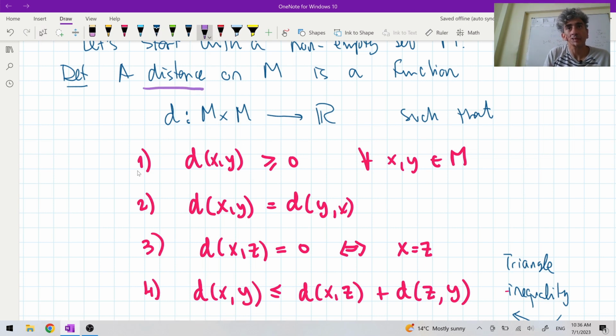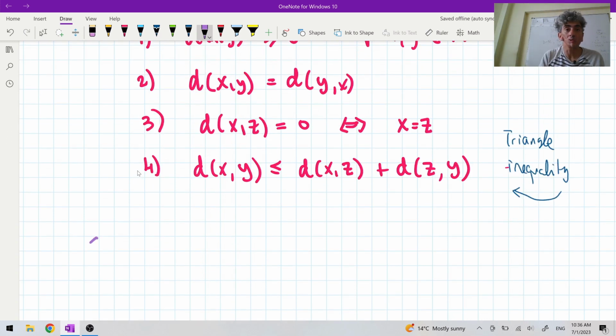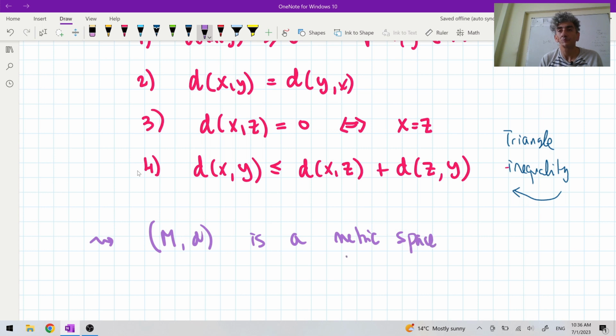Okay, and we will call the pair (M, d) a metric space. In metric spaces, we are starting to think of geometry in terms of points, points being close or being far away, or having any property regarding distance.